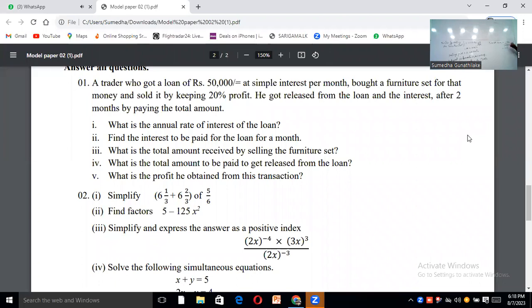This amount is for a month, no? Annual rate: ten into 12, 120%. Right? 120%.